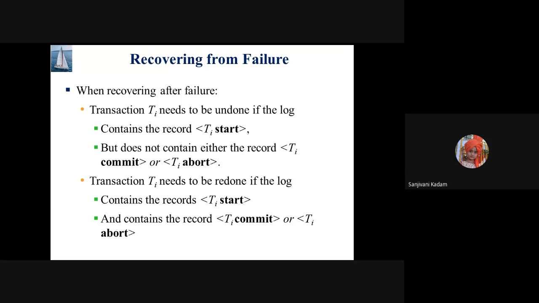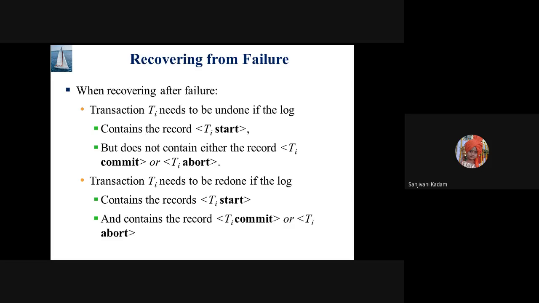Then in that case, we need to go to the log record and search whether we have the pairing, it means any transaction T0 start and TI start, TI commit or abort. It means whatever ending record is there, whether that is available. So let us see how it starts.